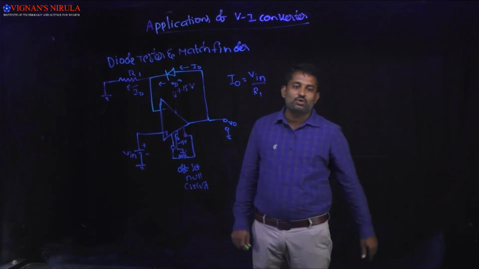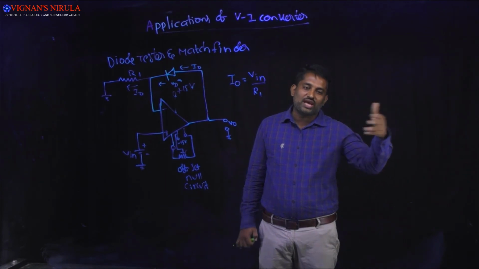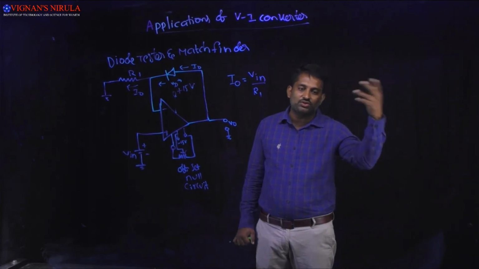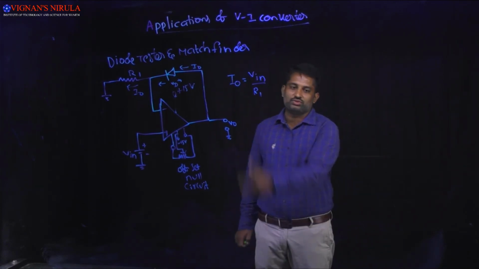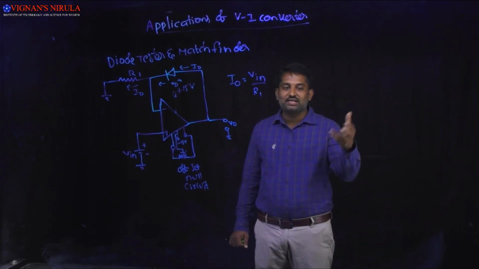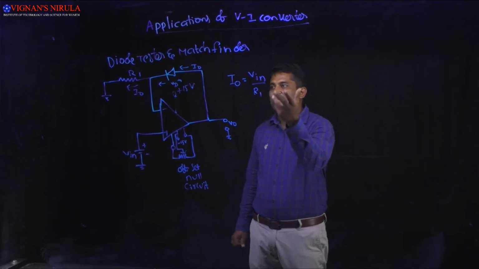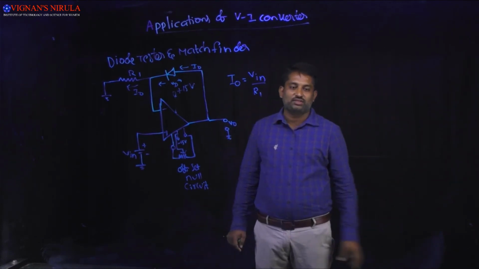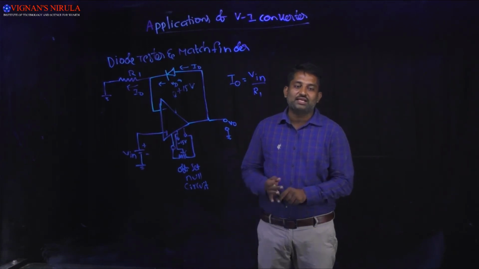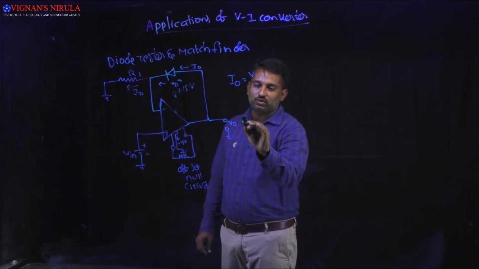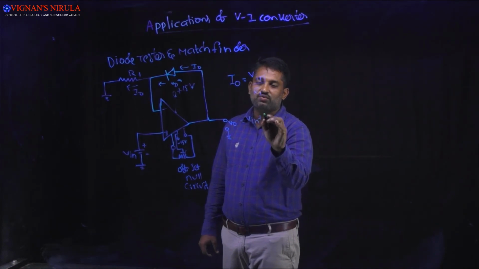Replace the diode and you can use some other diodes also. We can easily calculate the diode test. We can easily calculate the match finders as well as diode tester. Mainly the output voltage will be calculated as V0 is equal to V in plus Vd.